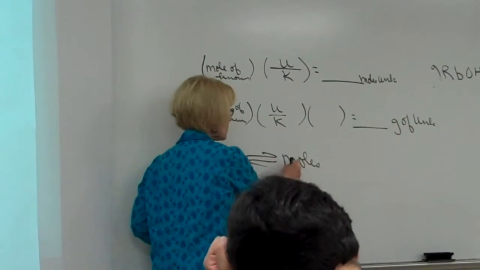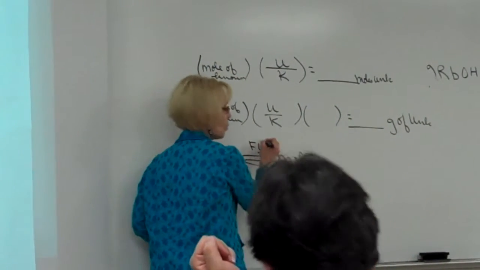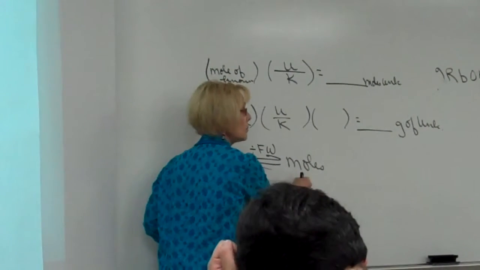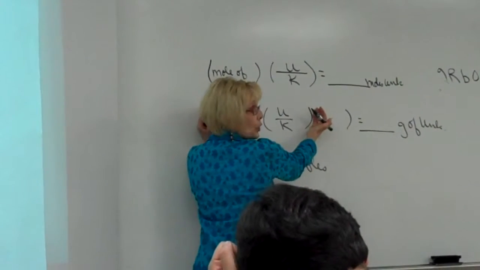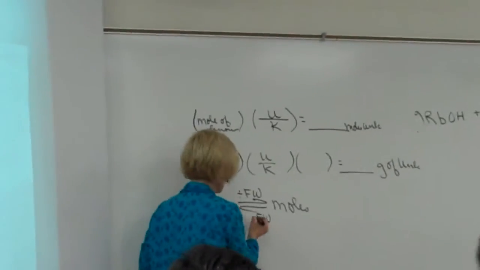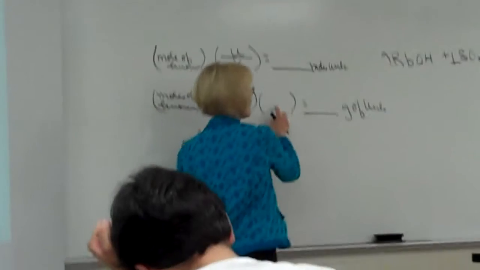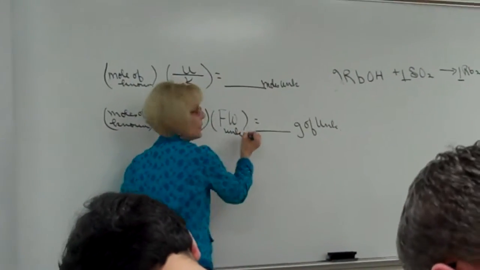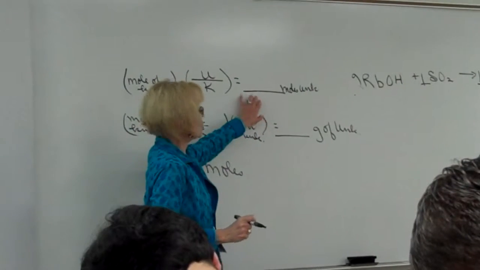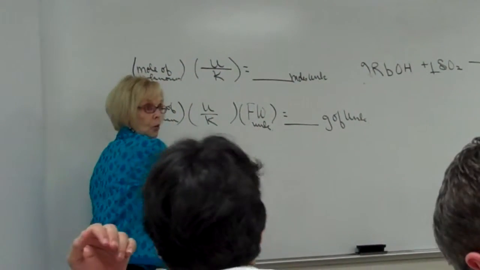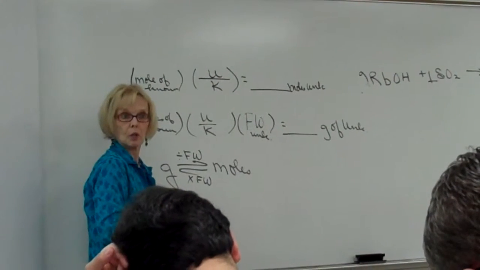If you had grams and you wanted to get to moles, what did we do with the formula weight? Divide. And if we had moles, like we would here, and I want to run it backwards, we multiply. So here we put the formula weight of the unknown, and that switches you from moles of unknown to grams of unknown, and that's based on what you learned in chapter 2.